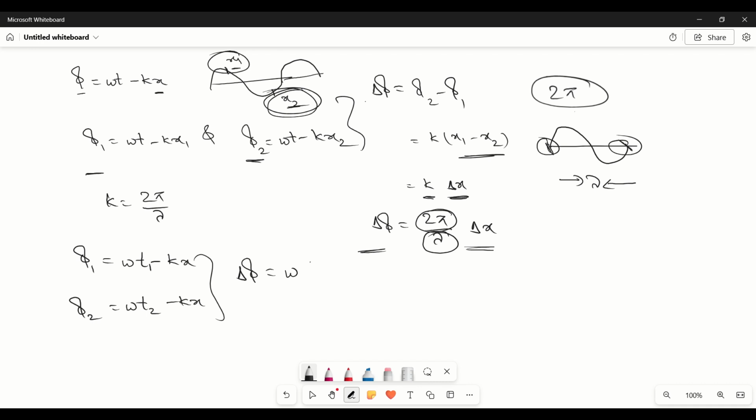So we get omega into delta t, where we know that omega equals 2 pi by T. Observe that for a phase difference of 2 pi, there is a time difference of T. So we can represent delta phi equal to 2 pi by T into delta t. This shows the relation between phase difference and time difference.